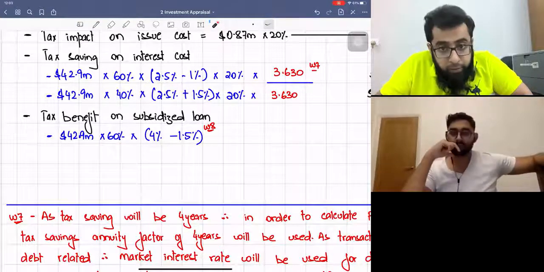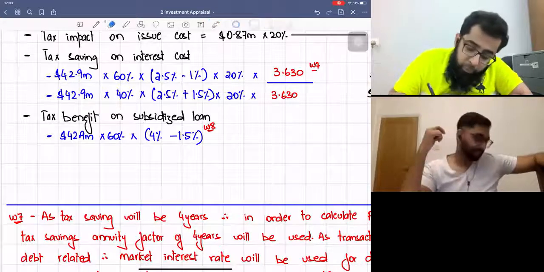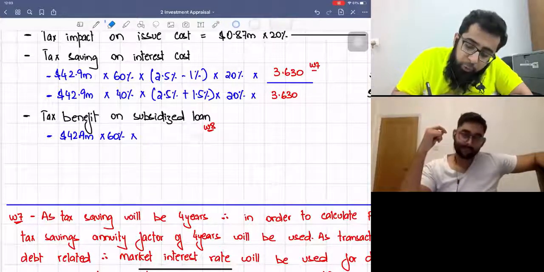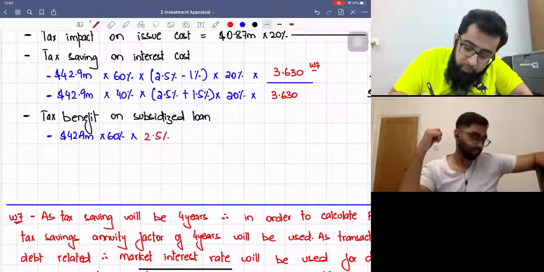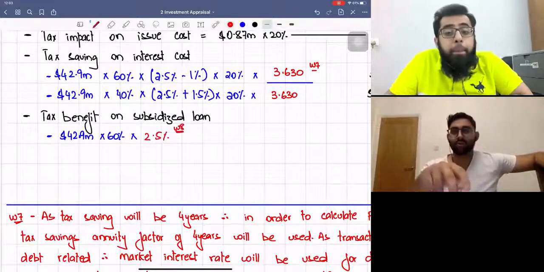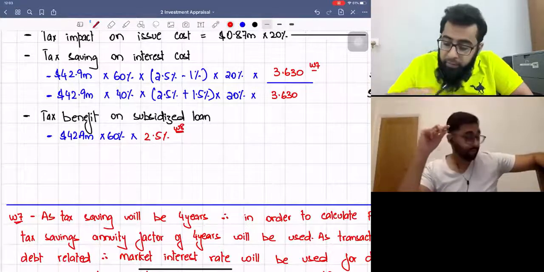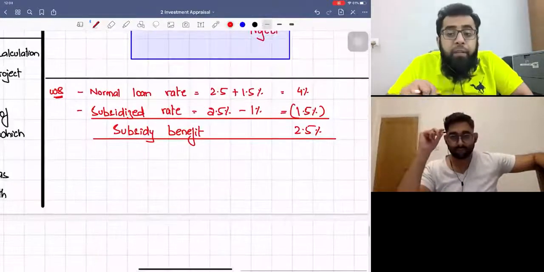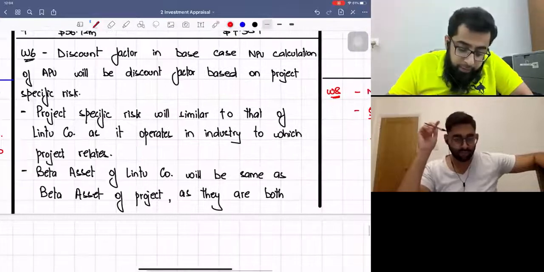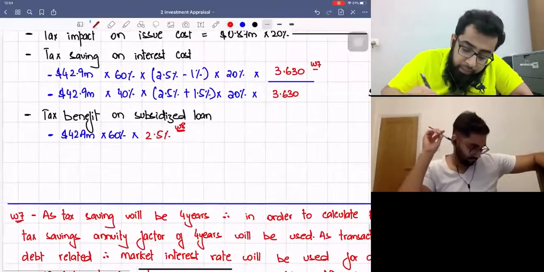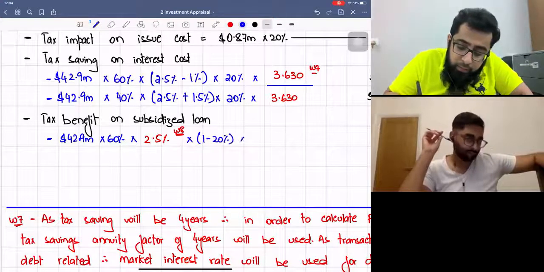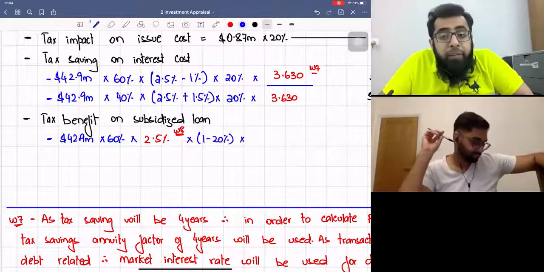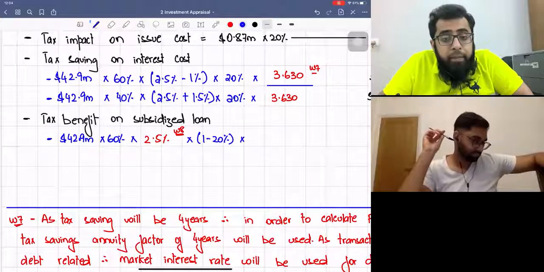Now what you can do is simply write 2.5%. Because I've written the complete working here, this is my subsidy benefit. Then multiplied by 1 minus 20%, so that this subsidy benefit gets after tax.